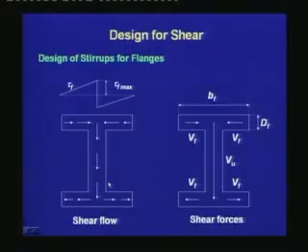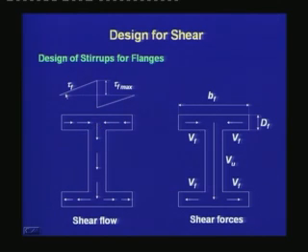In this sketch, on the left hand side, we see the shear flow diagram in an I section with constant width of the web and constant depth of the flange. The shear flow increases from the end and it becomes maximum at the center of the flange.